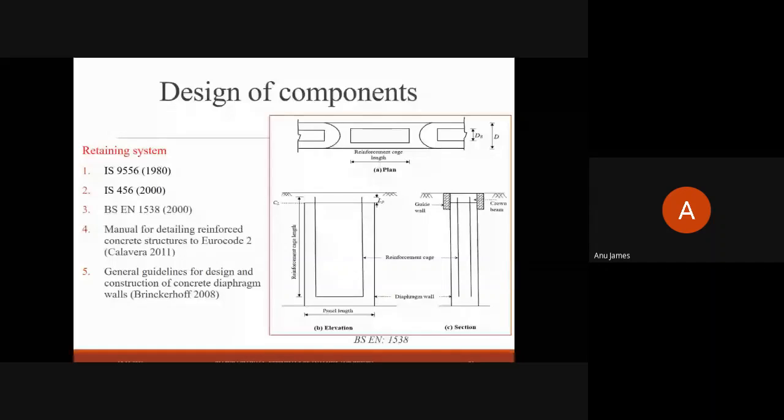Compared to these codes, the British code BS EN 1538 provides more information specific to diaphragm walls or deep embedded systems. The other two documents, a manual for detailing of reinforced concrete structures to Eurocode 2 and general guidelines for design and construction of concrete diaphragm walls, provide detailed information specific to diaphragm wall reinforcement detailing.